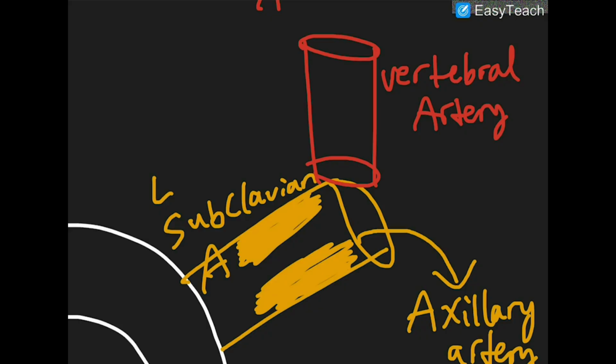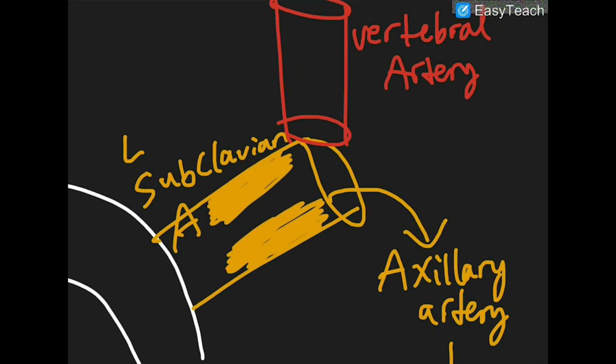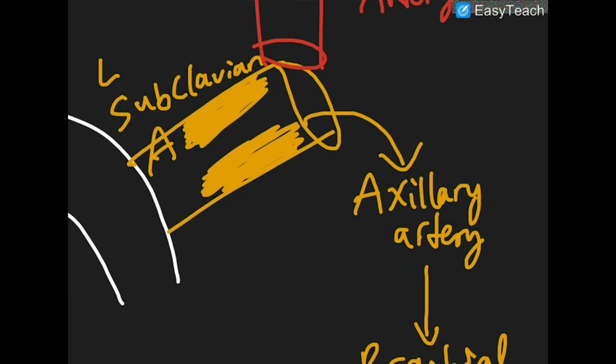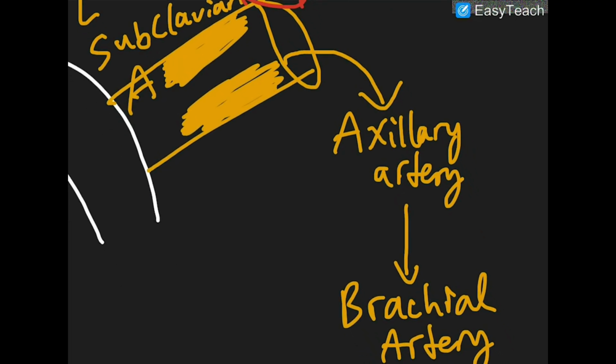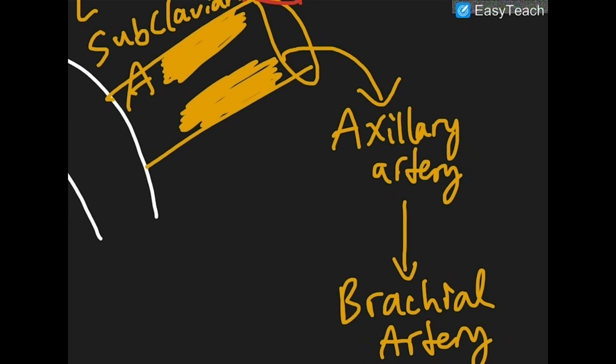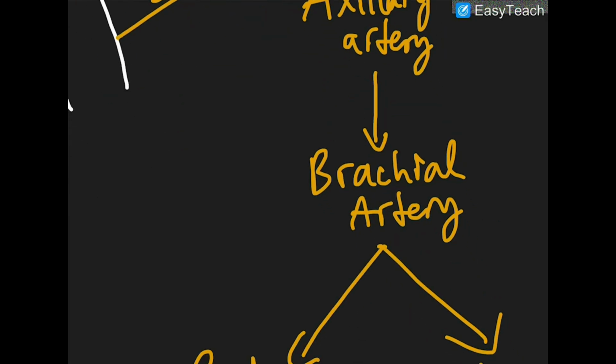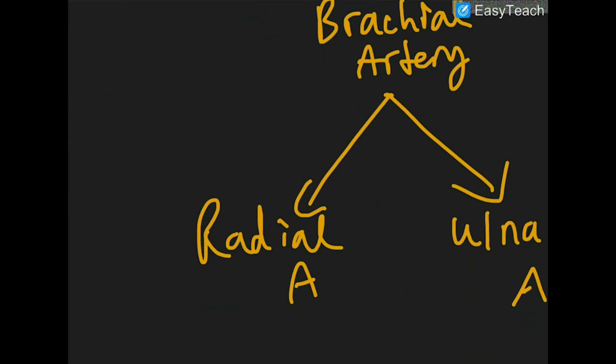We still don't know how subclavian steal syndrome occurs. We said that your left subclavian artery turns into the axillary artery and then the brachial artery, and then the brachial artery branches into your radial and ulnar artery.